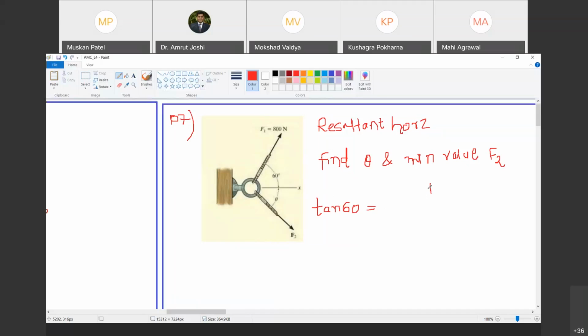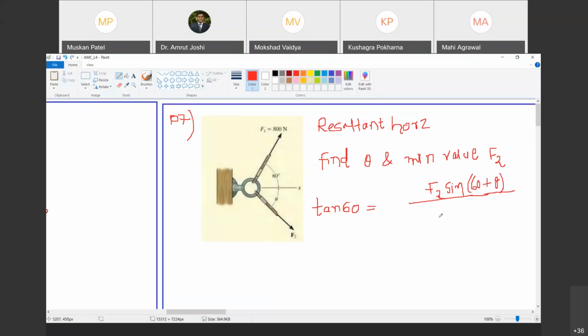Sir, F2 sine 60 plus theta upon... Sir, F2 के साथ I'm sorry, sine 60 plus theta. 60 plus theta है ना.